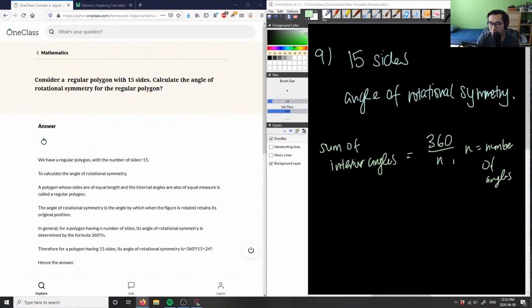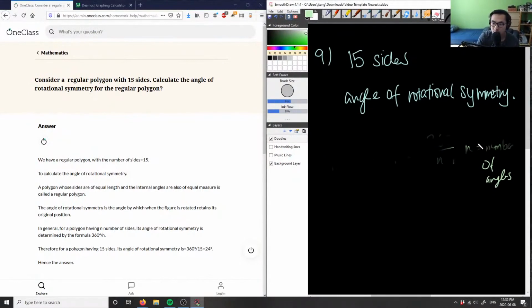Or actually, the sum of interior angles is n minus 2 times 180. So this is actually not the correct formula, sorry. Interior angles and angles of rotational symmetry are two different things.